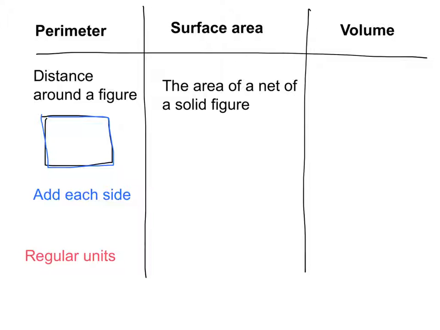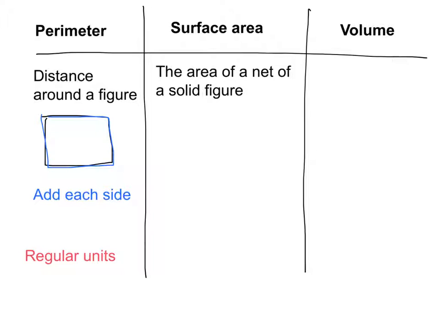You could also describe it as what, Carmel? The area of each face of a solid figure. Okay, the sum of all the areas, right? The sum of the area of all the faces of a solid figure. Good.